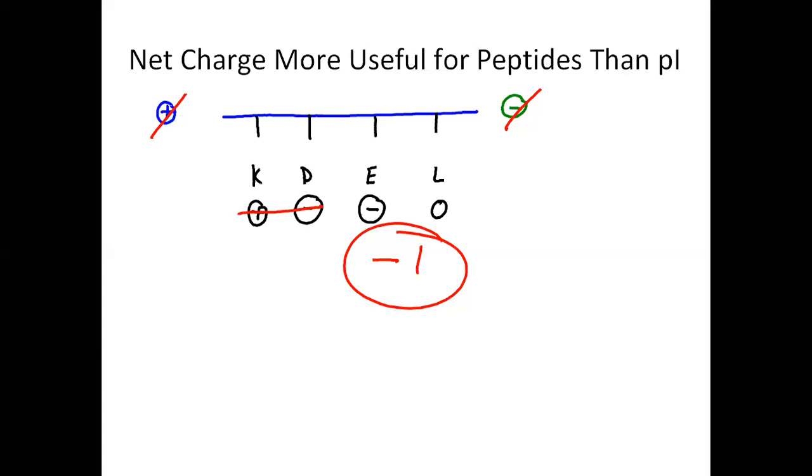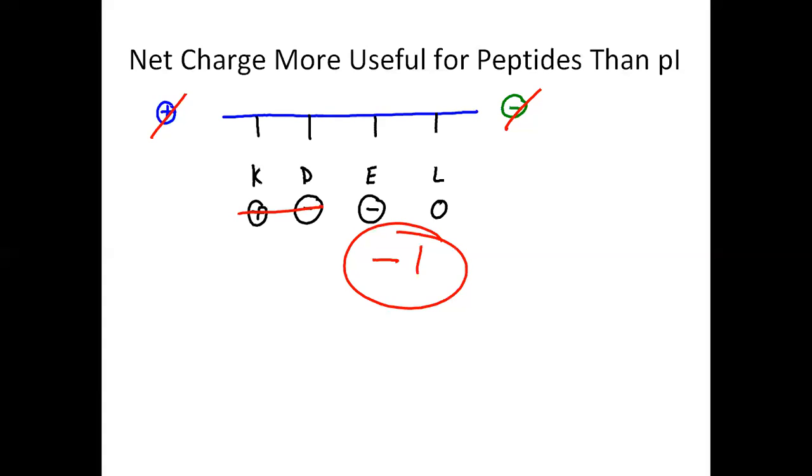Then, for each of the residues in the peptide, and I am going to use KDEL here, I give the charge at physiological pH, in this case positive, negative, negative, neutral.